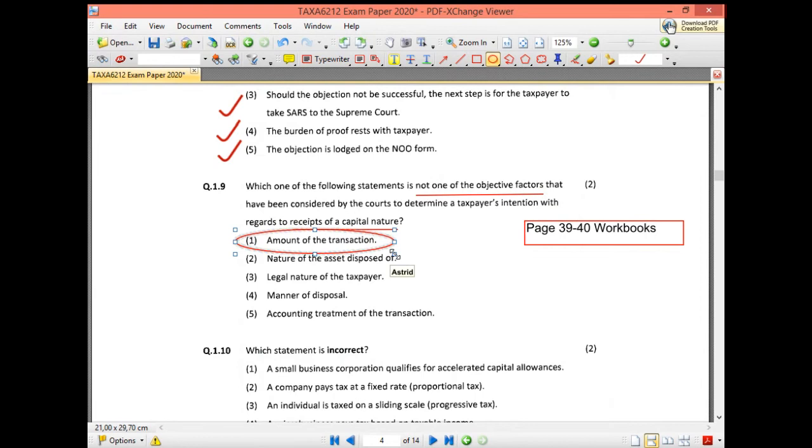So when we look at whether something is capital and we follow the objective factors, we don't actually look at the amount. We look more at what type of asset is disposed of, how is it disposed of, how do we account for it for accounting purposes normally, and then as well as the legal nature of the taxpayer. So what does the taxpayer do will also give you an indication as to whether it's a capital or a revenue type asset.